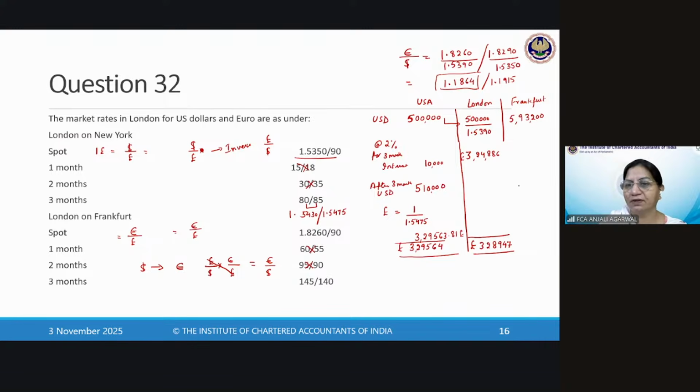So interest on that after having made an investment is at the rate of 0.75%. You end up getting 5,97,649 euros.